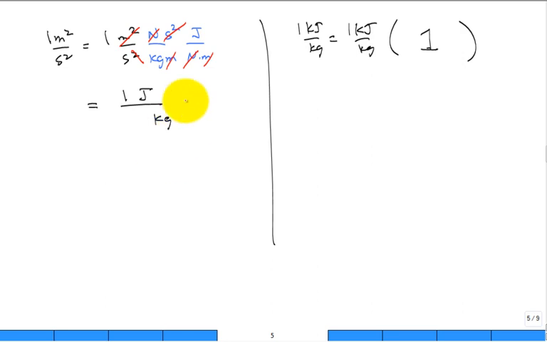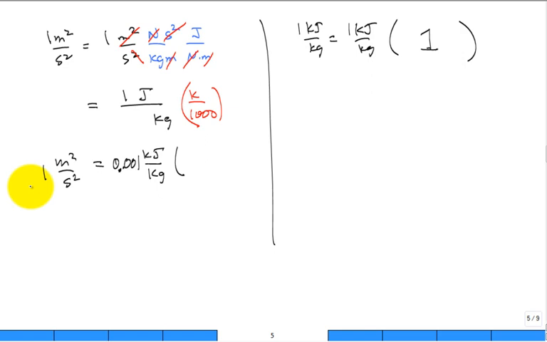But somebody said, I want a kilo over a kilo, or a kilo over 1,000. So now I have that it's 1 kilojoule per kilogram times 1 over 1,000, or it's 0.001 meter squared per second squared. So 1 meter squared per second squared is 1,000th of a kilojoule per kilogram. So that's what we wanted to establish.